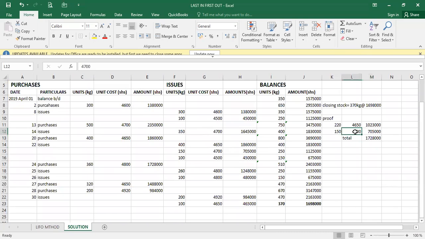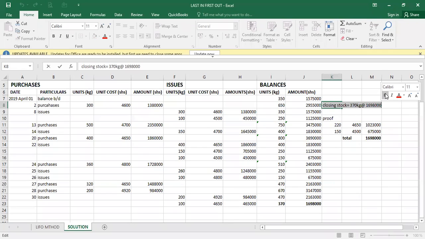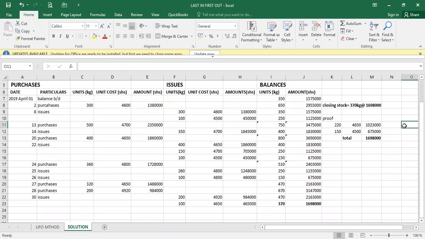Here I had put a high figure. It was supposed to be valued at 4.45. So if you change this, because these units were valued at 4,500, not 47 as I had put, you just see that they are tallying with what we've got up here as our closing stock. And that's how you do that.